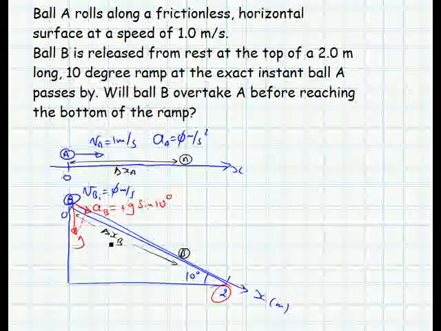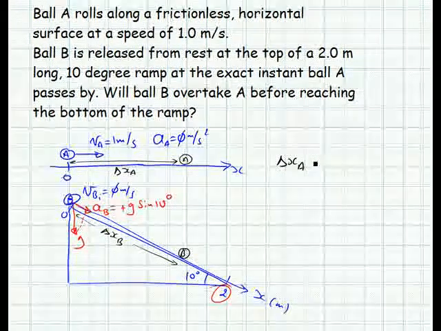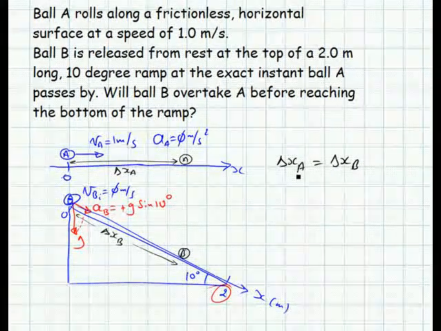So ball B reaches ball A when the displacement delta XA is equal to delta XB.